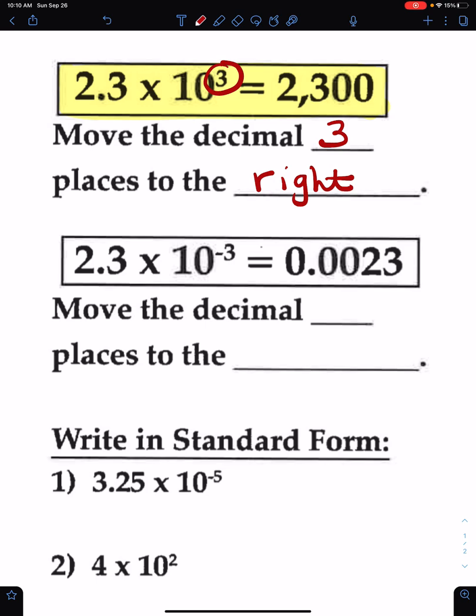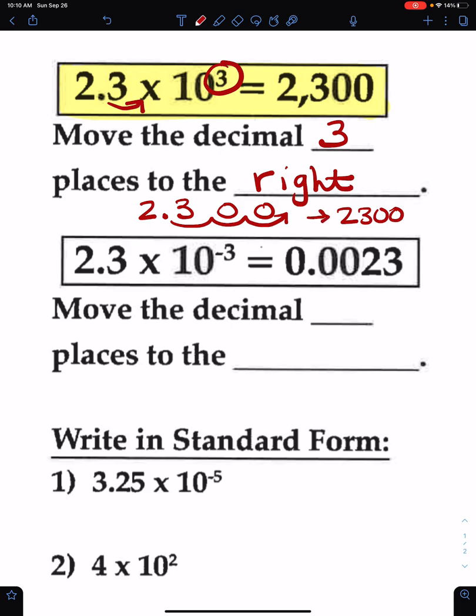Because a positive exponent means we're making a big number, and to make a big number, we'd want to move that decimal place to the right. So if we have 2.23 times 10 to the third power, we're going to move it 1, 2, 3 places, and if there aren't enough places, we're going to add zeros, and that's how we get 2300.